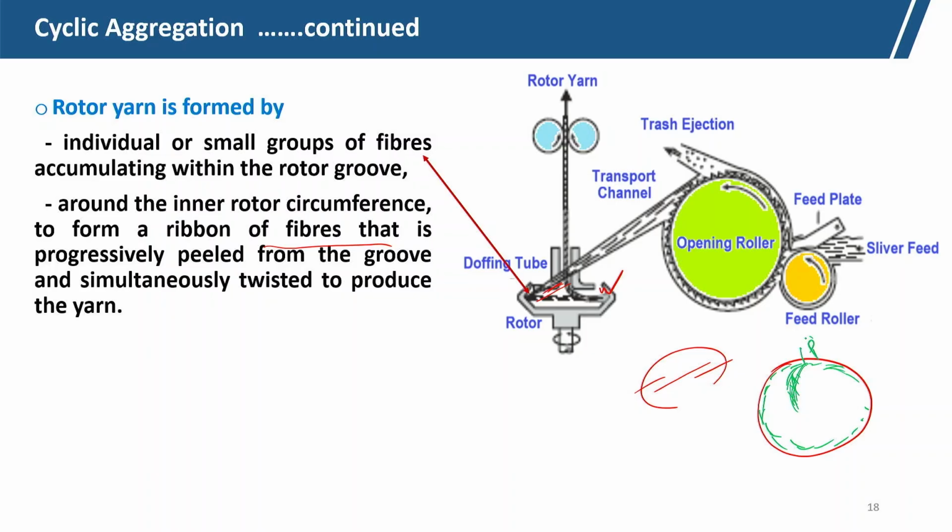This is the peel off point P, from the rotor, and simultaneously it is being twisted. So, one is the peeling off and then it is twisted, and sometimes the twist is extended within the rotor groove. That is known as the peripheral twist extent, that we have discussed.